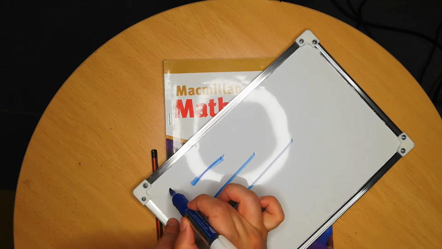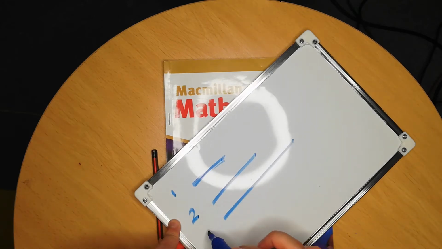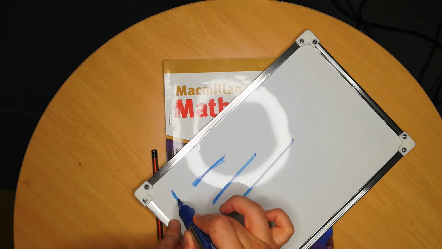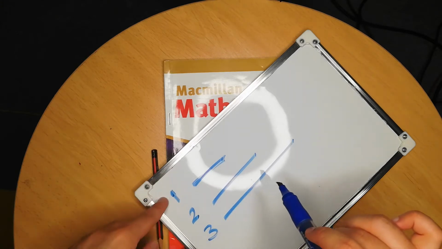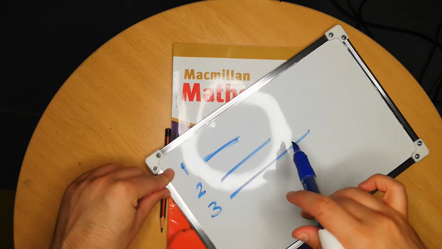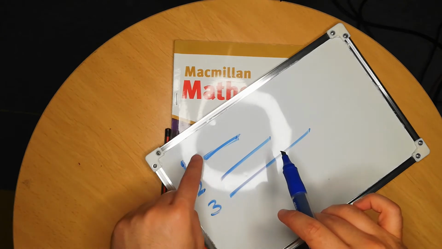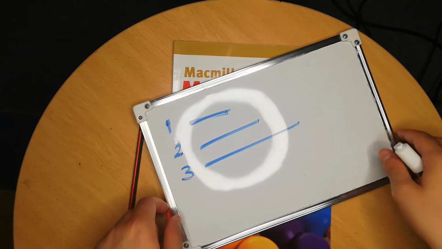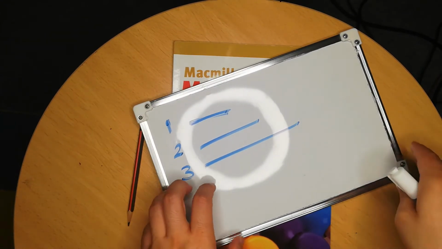If we have numbers 1, 2, and 3. So 1 is short. 2 is longer than 1. 3 is the longest.